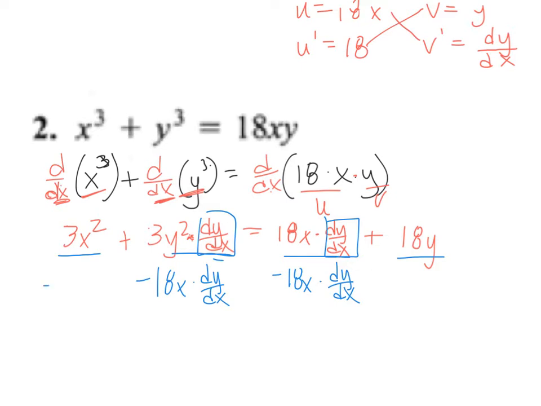So I'm going to subtract 3x squared from both sides. And it should be a 2. As a result, this is what we get.